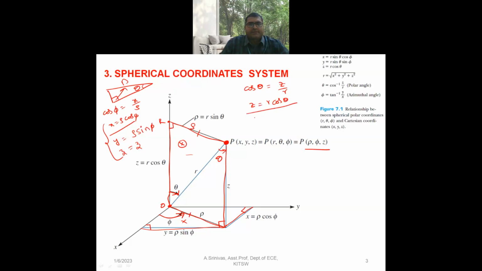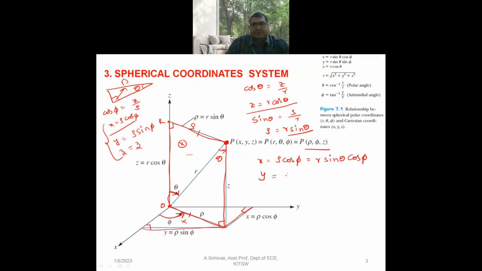Similarly, sin theta is equal to rho by r, so the value of rho is equal to r sin theta. x equal to rho cos phi. Now substitute the value of rho here: r sin theta cos phi. It will give the relation between x, r, theta and phi.